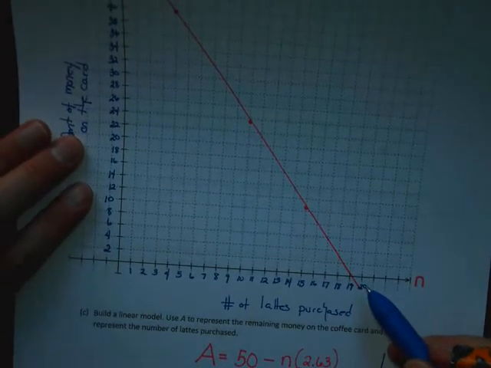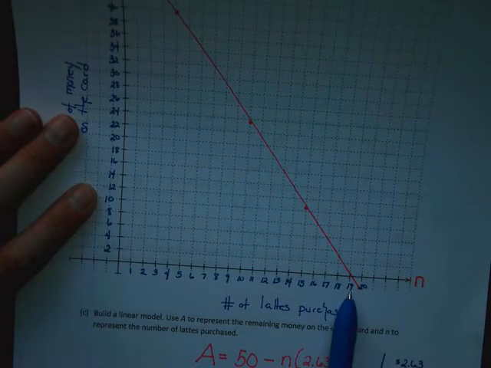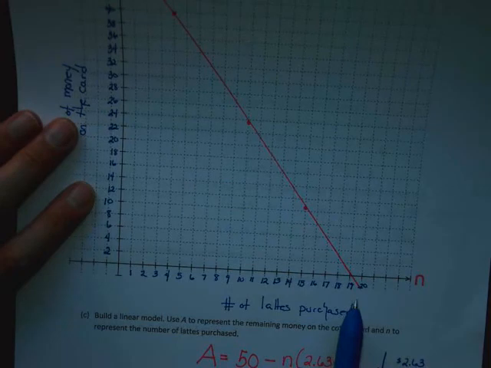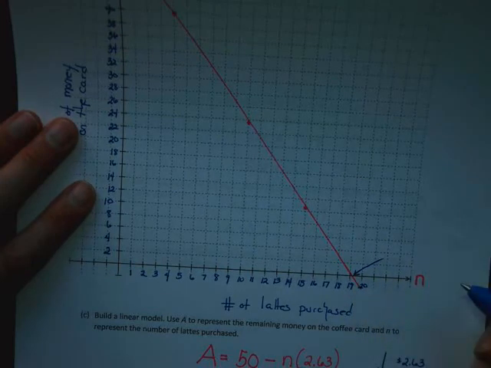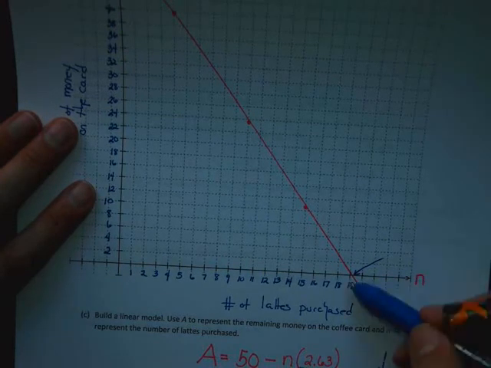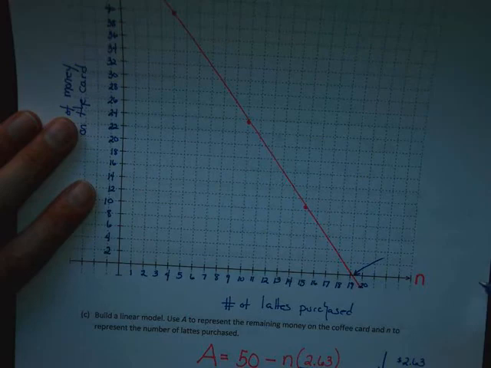Now this does have a horizontal intercept, all right? So it looks like we ran out of money between 19 and 20, but you can't buy like 19.1 lattes. So this horizontal intercept is when we ran out of money. Now I don't know what the value is. We could eyeball it and say like 19.1 or 2, 0.